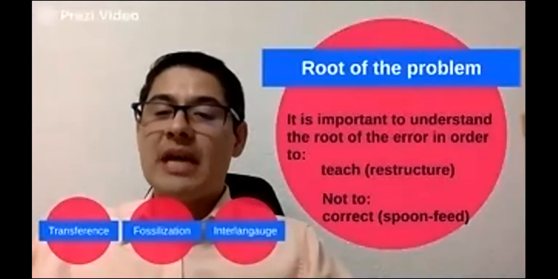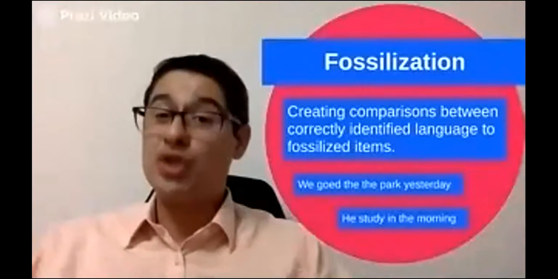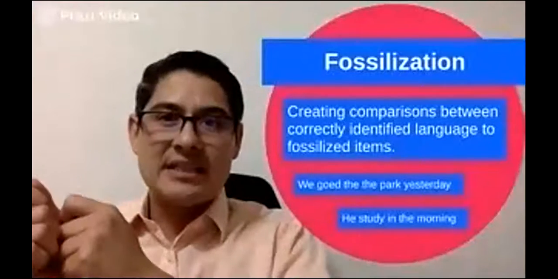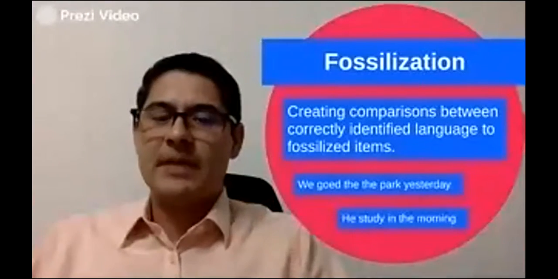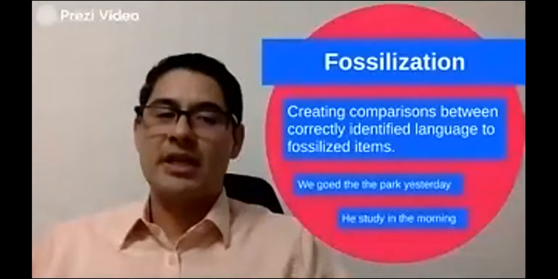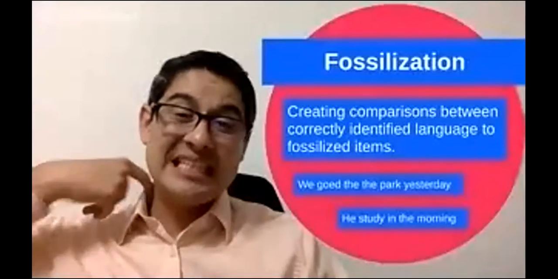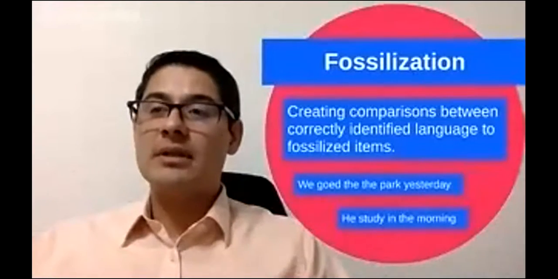When you hear a fossilization error, you should create a comparison with something that is correct that can help you get to the new information. The student maybe says, we goed to the park yesterday. The student is not remembering how to use the verb go in the past.